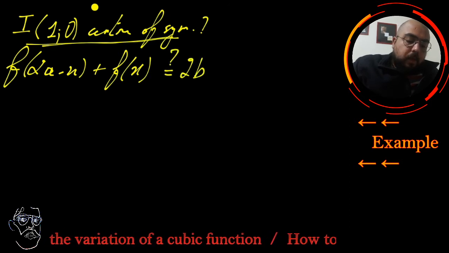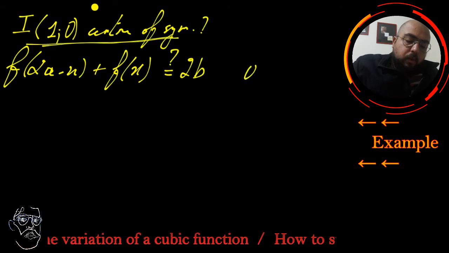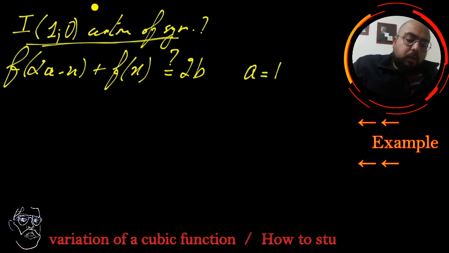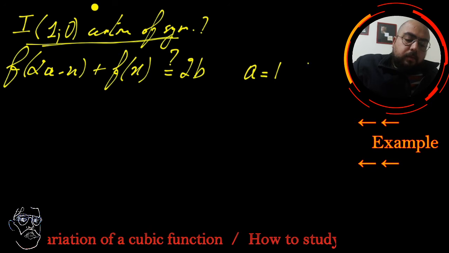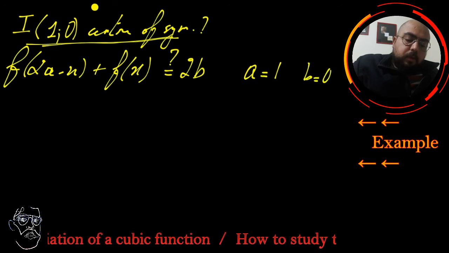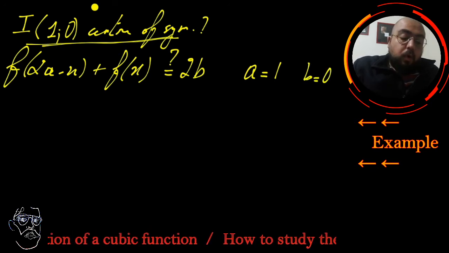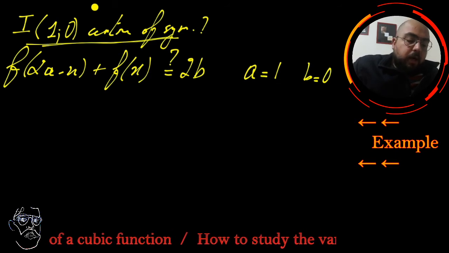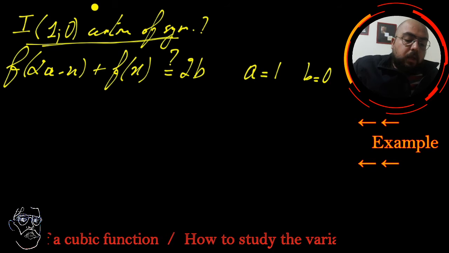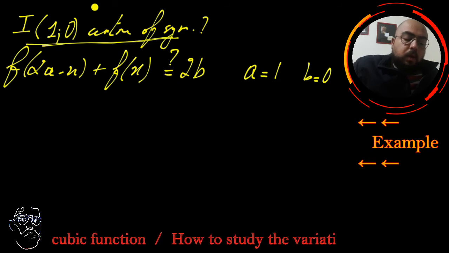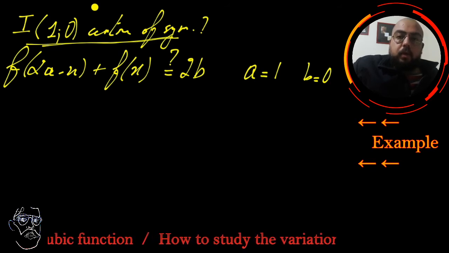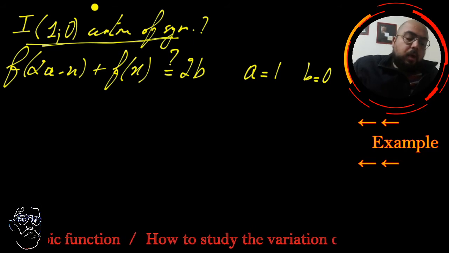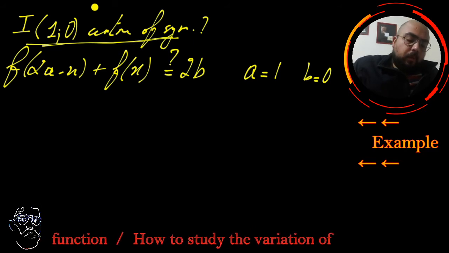Now a will be 1 and b will be 0. You just have to check the coordinates of your center of symmetry. Let's say I had the coordinates 1, 3. I would have replaced a by 1 and b by 3. So depending on your center of symmetry.